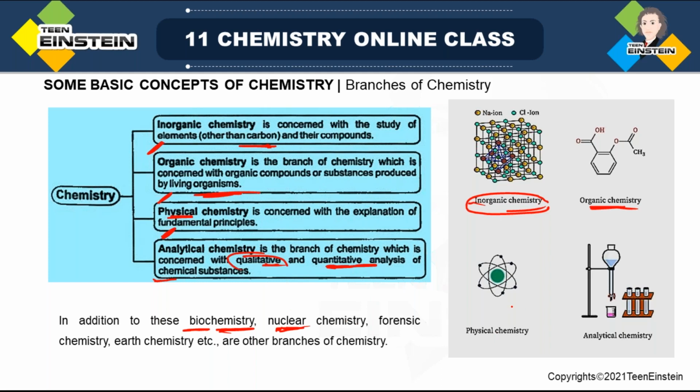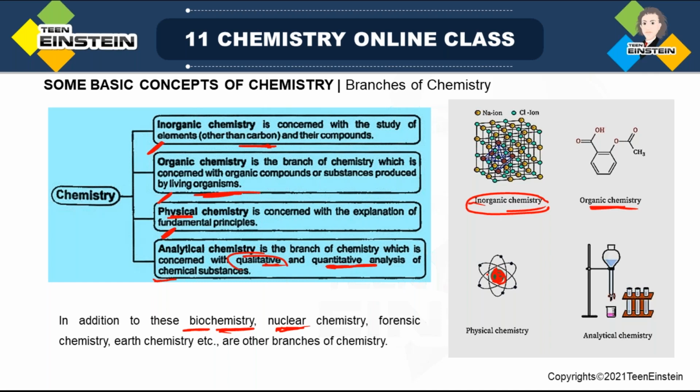We know when we consider an atom, this is the nucleus, and outside there are electrons surrounding it, revolving. But when we consider chemical reactions, basically it involves only the electrons that are moving around this nucleus. So that is about chemical reaction. But when I am saying nuclear reaction, that means now the nucleus present in the center of the atom will take part in the reaction.